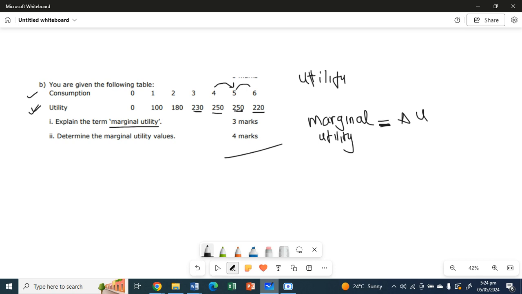Let me make a table so I'll show you how we'll be calculating these values.